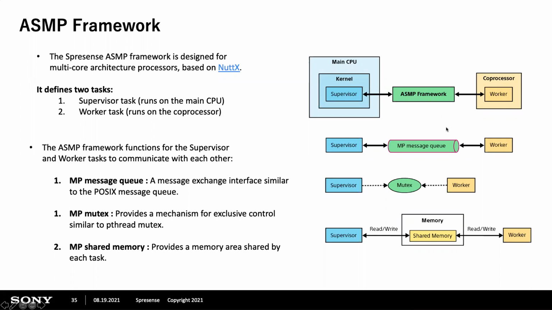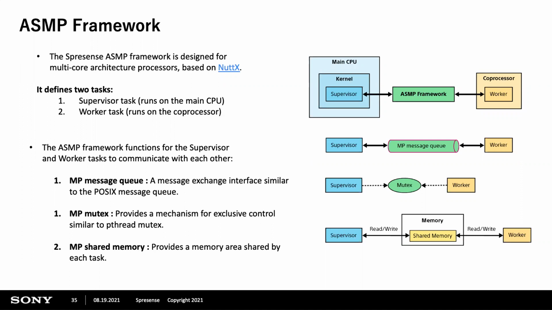You use different types of messaging between the supervisor and worker. We support MP message queue, mutex, and also shared memory. This is a very classic concept, where we have a supervisor and workers, or slaves and whatever.